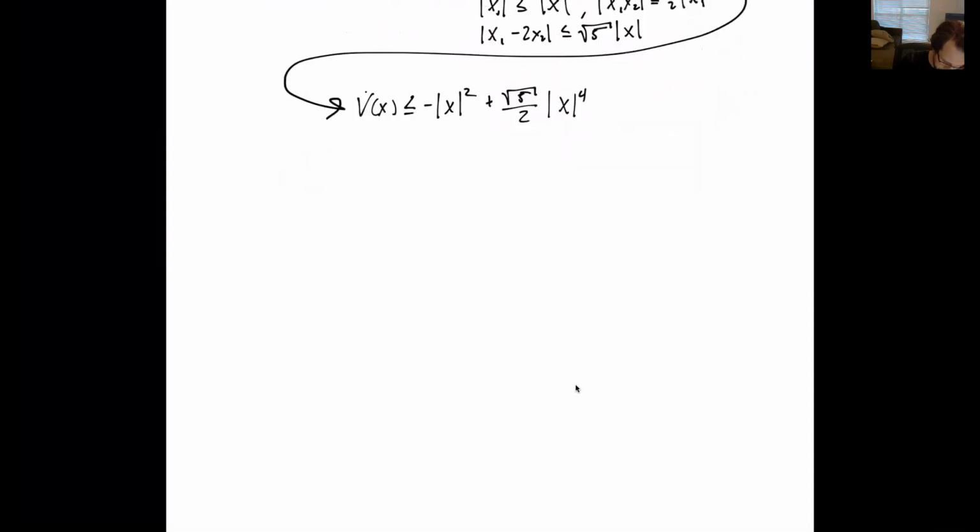All right, so now we can say that v dot is less than 0 for all x with norm squared less than 2 over 5, which we're going to call r squared.